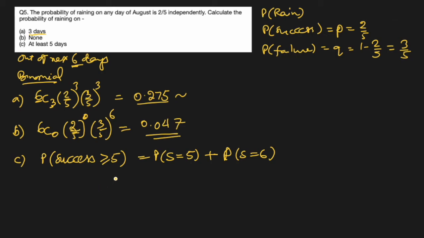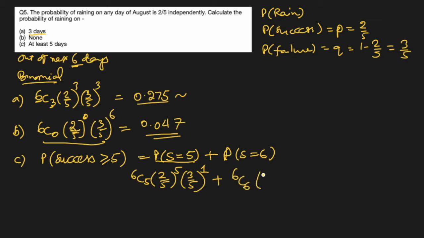So in such a case, we'll just write the binomial distribution for each one of them. So this will be 6 C 5, 2/5 to the power 5, failure is on 1 day. Or all 6 days it rains and 0 days it does not. It will be 6 here and 0 here.